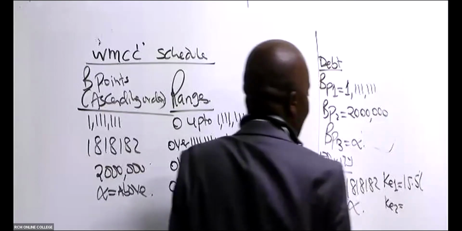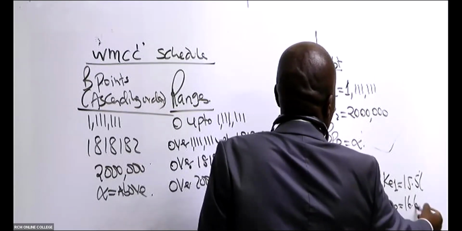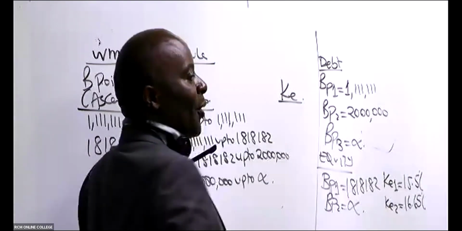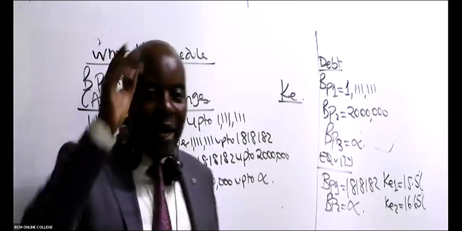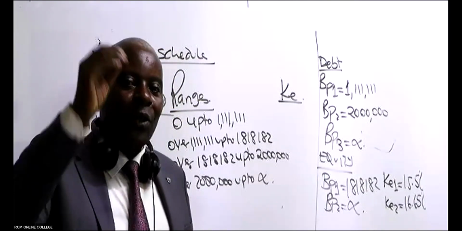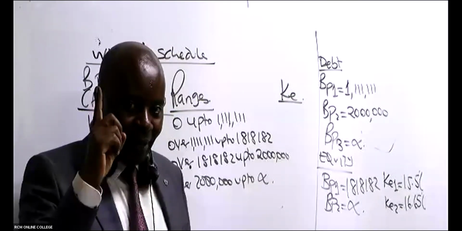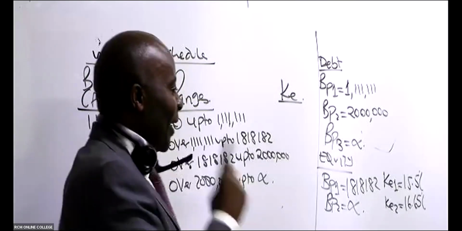How about the second one? 16.65%. So I want us to post the cost of equity, and then we shall be able to post the cost of debt for 1,000 shillings. So please be very attentive on how I post the cost of equity.